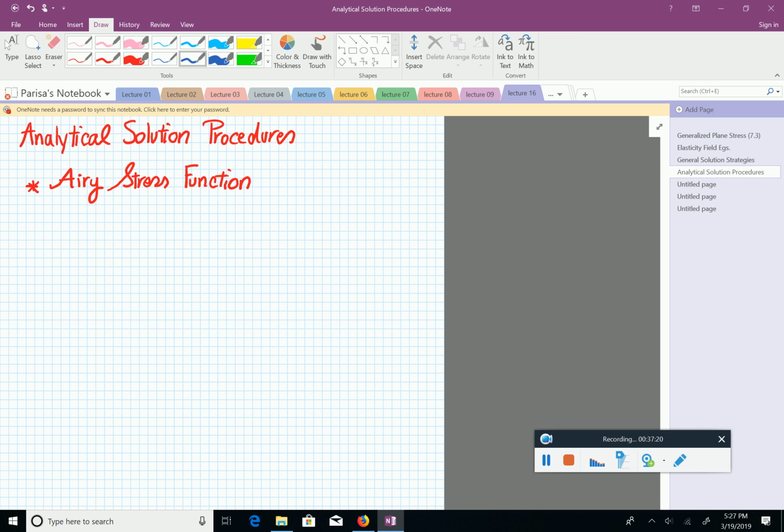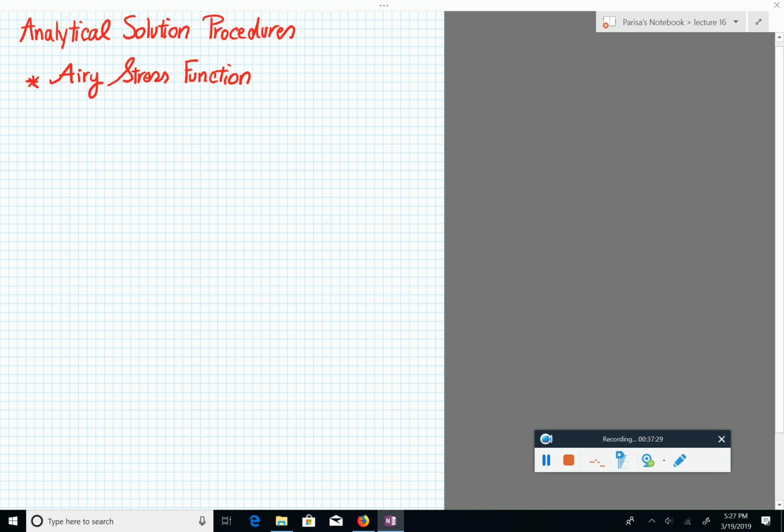So, Airy stress function. Now, let's go back to our 2D formulation, and let's write down the equilibrium equations. Now, this should be very easy for everyone. I want to make it such that by the end of this semester, everyone can write all the equations by heart.